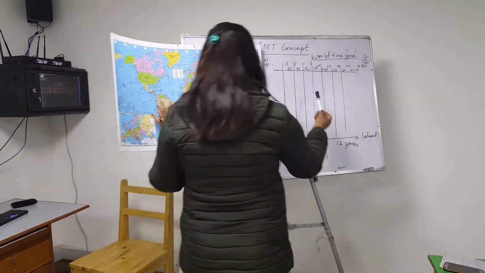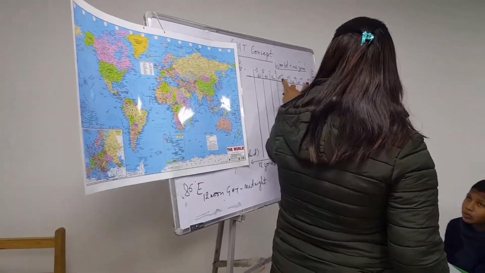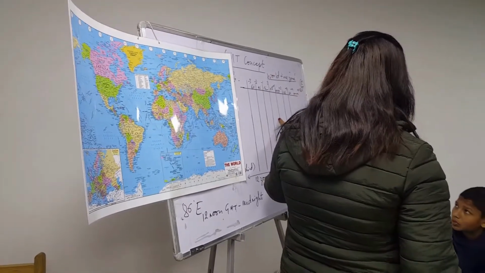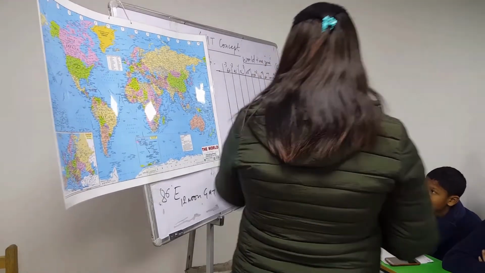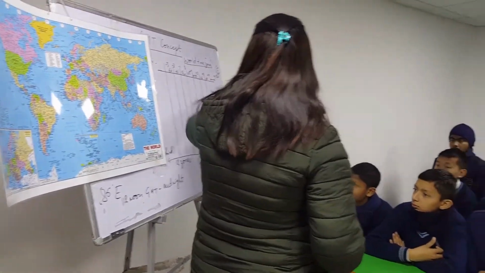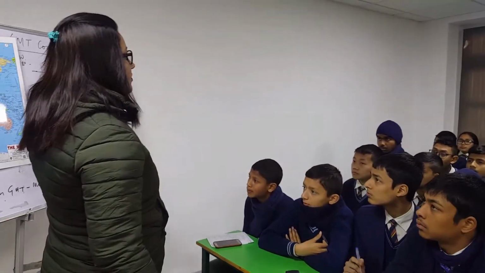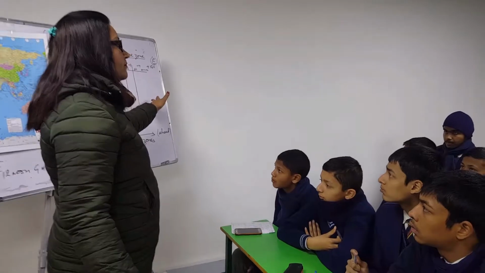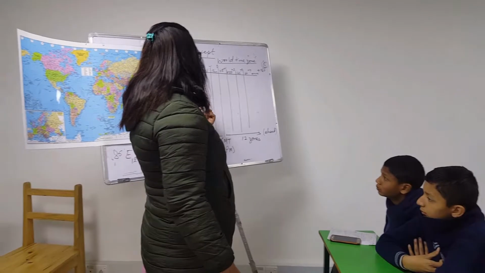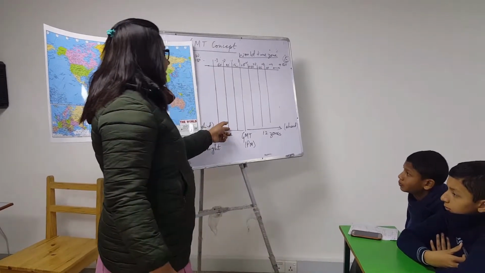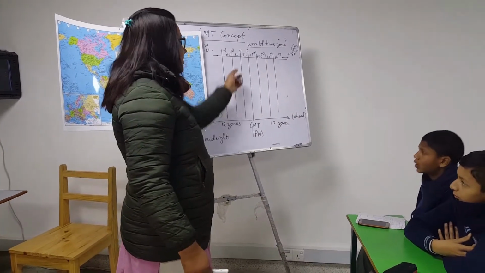So for example, you can see over here in the world time zone, 0 degree to 15 degree, that is 1 hour time difference. Is it or not? So this 12-hour time zone helps to calculate the time of a certain country if we know its longitude. If it lies toward the eastern side, we can add more time to GMT. And if any country lies to the western side, and we know the longitude, then we can calculate easily by deducting the time zones.